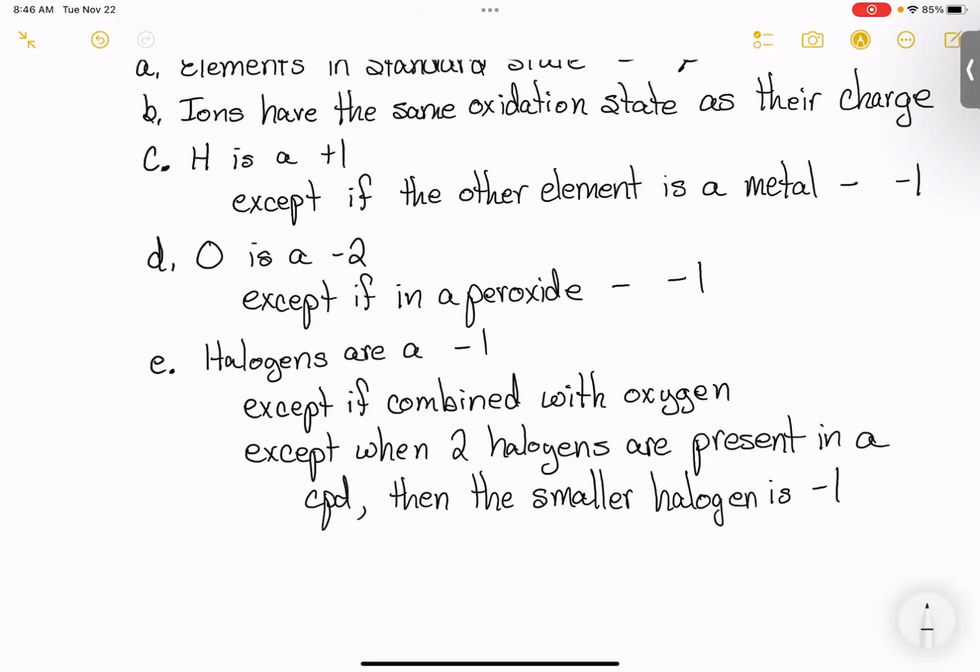Folks, these rules need to be done in order. When you're assigning oxidation states, you must do the rules in order.